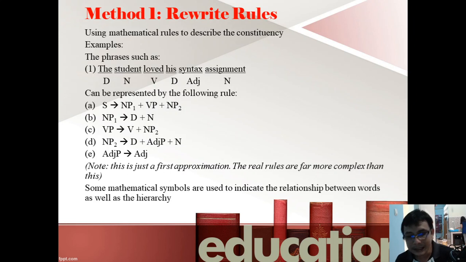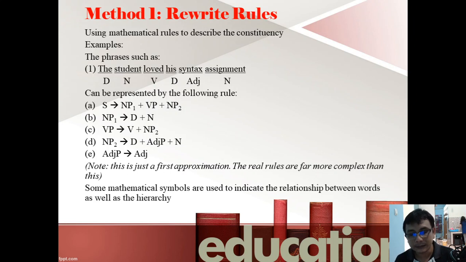And then we can represent this with several rules. Number one, from the top, we see that a sentence consists of a noun phrase plus a verb phrase plus a noun phrase. You see that I use index 1 and 2 to show that these are two different noun phrases.